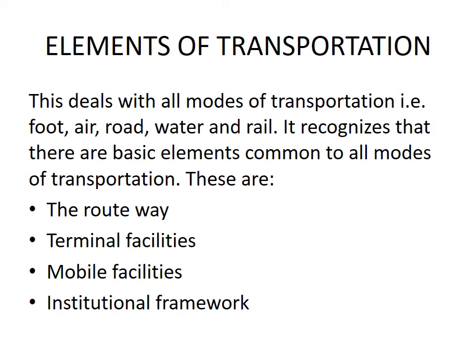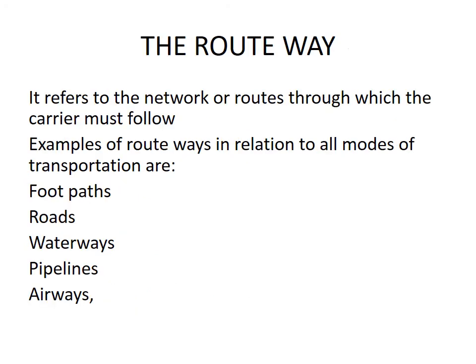Elements of transportation. We have about five forms or modes of transportation, such as foot, air, road, water, and rail. These are the basic elements that are common to the modes of transportation. They are the routeway, the terminal facilities, the mobile facilities, and also the institutional framework.